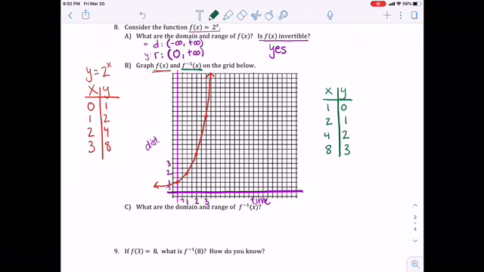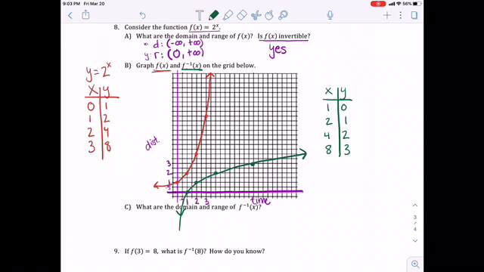So if I graph these points, I have (1, 0), which is right here, (2, 1) is right here, (4, 2) is going to be right here, and then (8, 3) is going to be right there. It looks sort of like that.